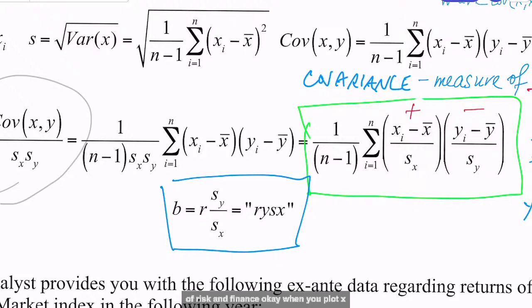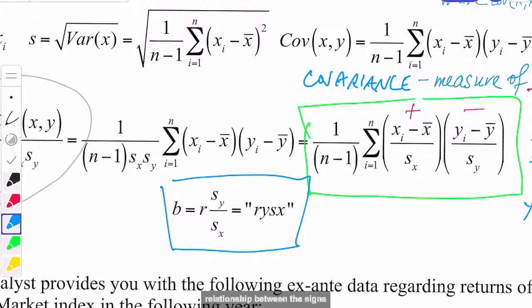When you plot X as the market returns and Y as some other stock returns or individual stock returns, B, the slope of that line, of the best fit line, is a measure of risk. So if R is positive, the slope is positive. So there is a relationship between the signs.